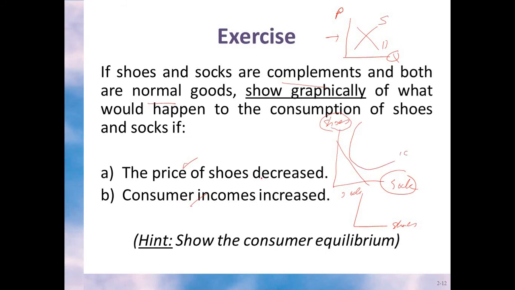So given these situations, you show whether you want to shift or rotate the budget line, and show the new bundle, the new consumer equilibrium, if the goods are complementary to each other and both are normal.